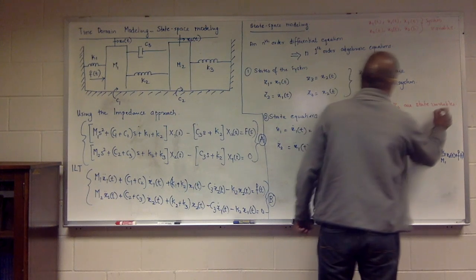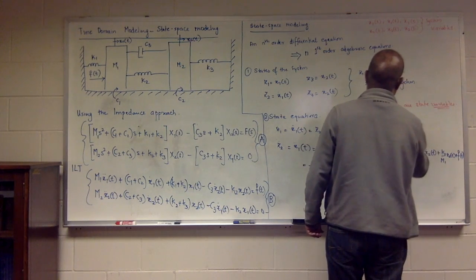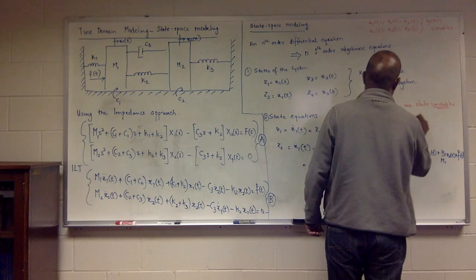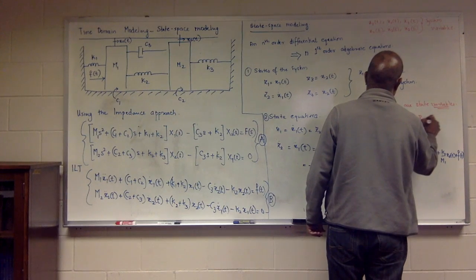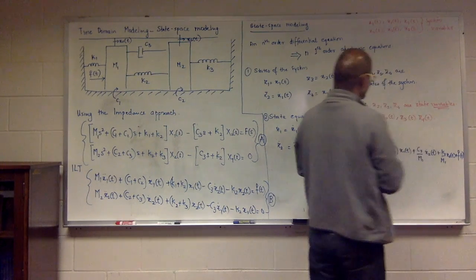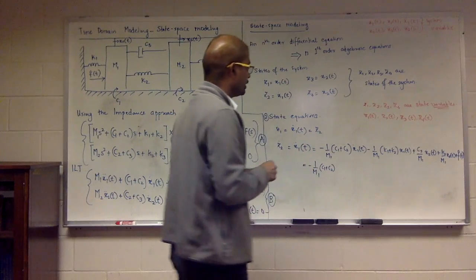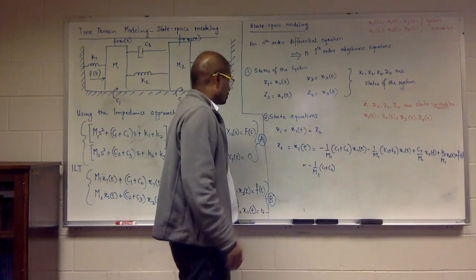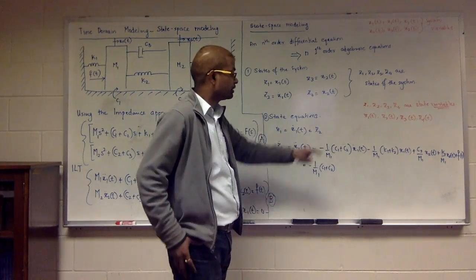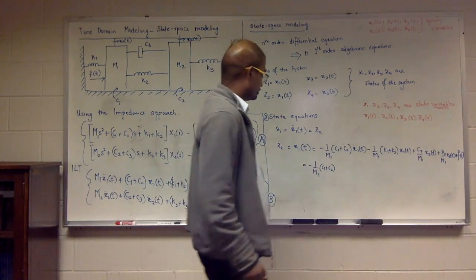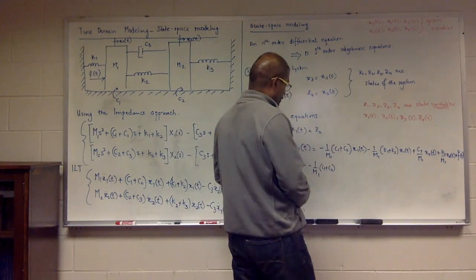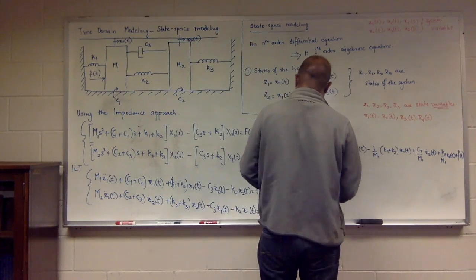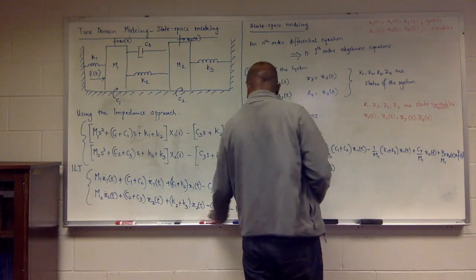The variable, it varies as a function of time. So the idea is state space modeling. The idea of state space modeling is to write everything in terms of state variables. So here what's going to happen is, what is the state variable associated with x1 dot of t?